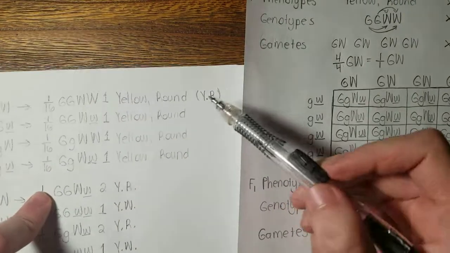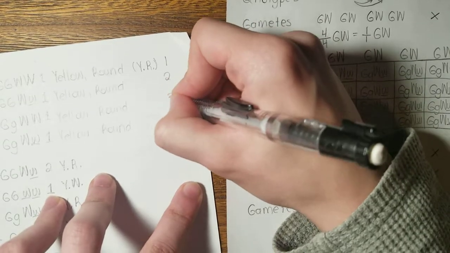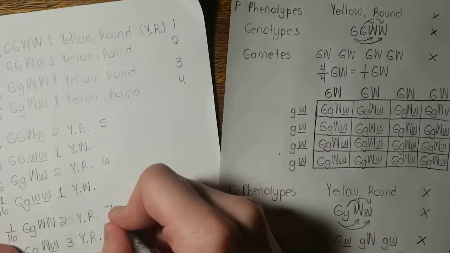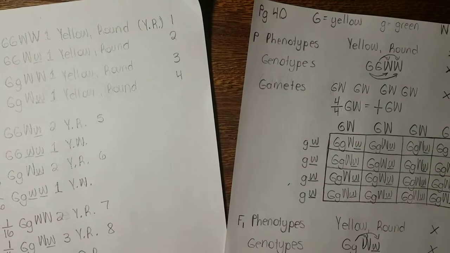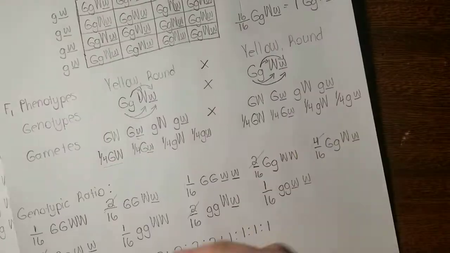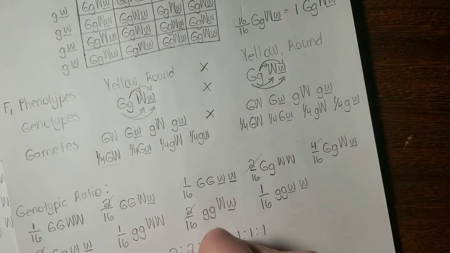So yellow round up here. So we have 1, 2, 3, 4, 5, 6, 7, 8, 9. So we have 9 yellow rounds.